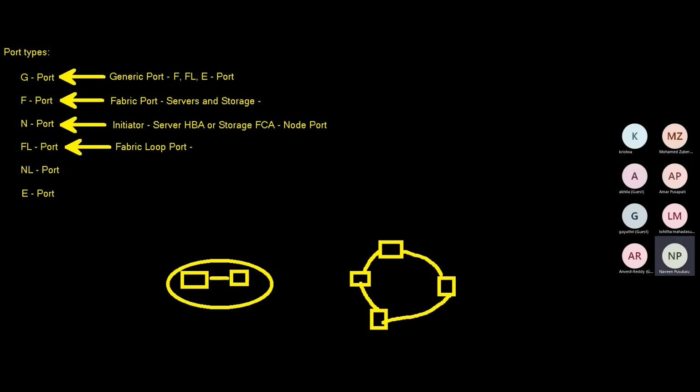In that situation, I need to connect my FCAL topology with the switched fabric. I'm mixing two topologies together. In that kind of scenario, you need to configure the port on the switch end as an FL port.